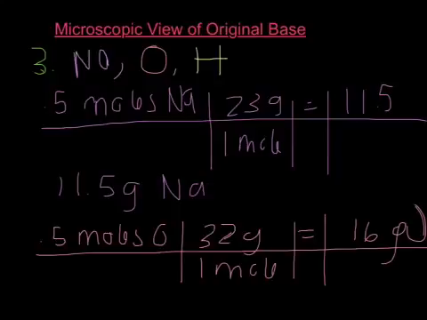Then you use the molar mass of each of the elements to find how many grams are present of each of the elements. So 0.5 moles of Na, and its AMU is 23. So you multiply times it and you get 11.5. You do the same with oxygen and receive 8 grams.